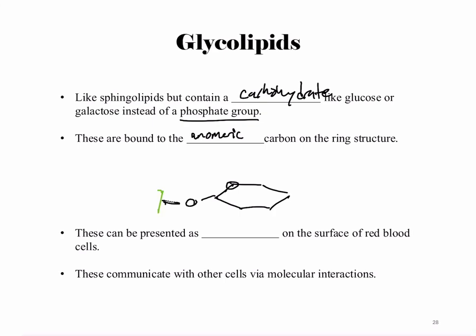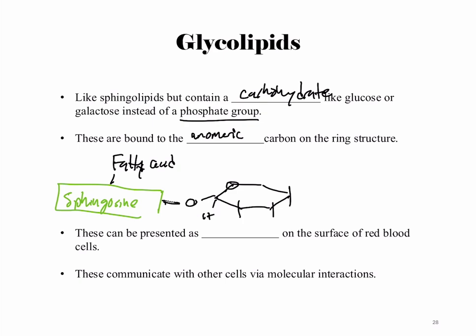So the sphingosine backbone, I'm just going to draw a block structure here, the sphingosine. And then this also has its fatty acid component as well. And so this right here was our carbohydrate. Our Haworth projection of a carbohydrate.